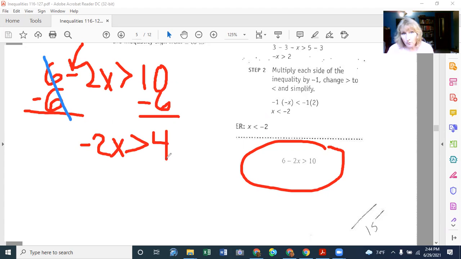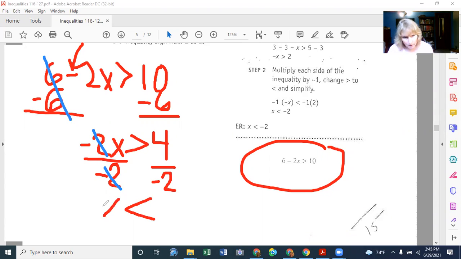Now I have to get rid of the coefficient. Negative 2 is being multiplied by x, so I want to divide by negative 2. Whatever I do to one side, I do to the other. And notice how now that I have divided by a negative number, I'm going to need to flip or reverse my inequality sign. So it's going to go this direction now, okay? Then the negative 2's will cross off, and I'll be left with my x on the left.